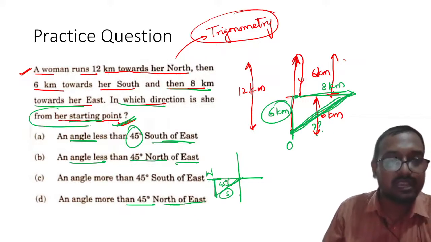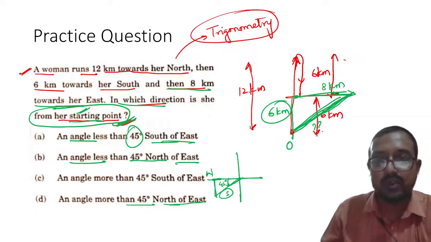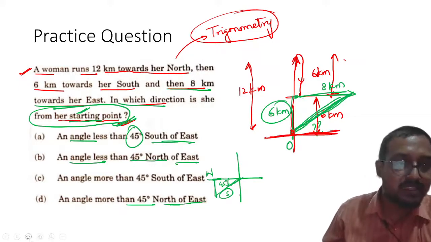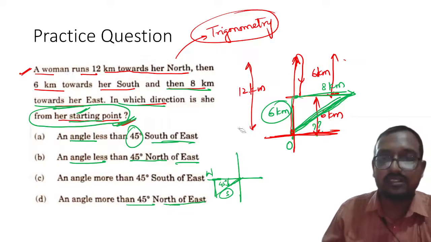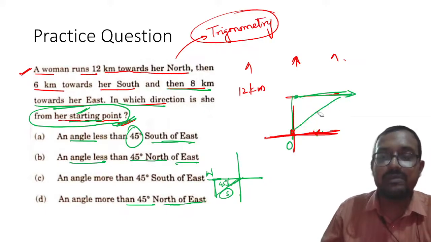They have clearly given from her starting point. So my dear students, this is her starting point. I will draw the Cartesian plane something like this. Let me declutter this so that it will be clearly visible. So the reference point will be the starting point.